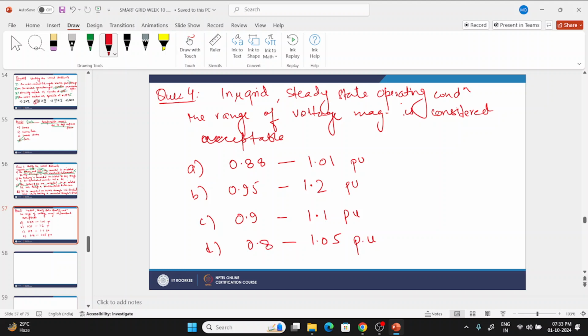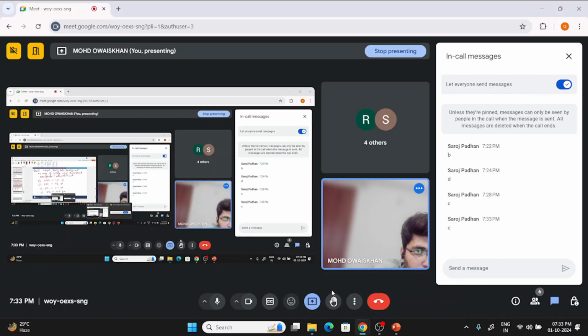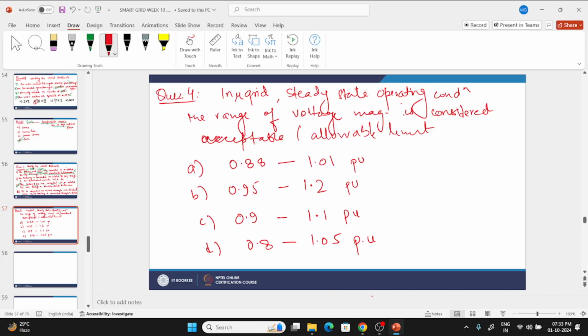So in which of these ranges, in a steady state operating condition, is the voltage magnitude acceptable, or we can say within the allowable limit? Yes, I just told you about this. This is the operating condition which says plus minus 10%.